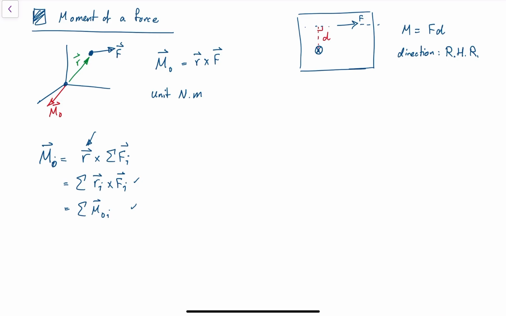And one last thing, when you have a couple force, so essentially two forces parallel to each other, opposite directions, equal magnitudes, but a distance d apart, in that case, the moment of that couple is Fd, and it really doesn't matter about which point you calculate it. About any point, the moment is going to be the same.